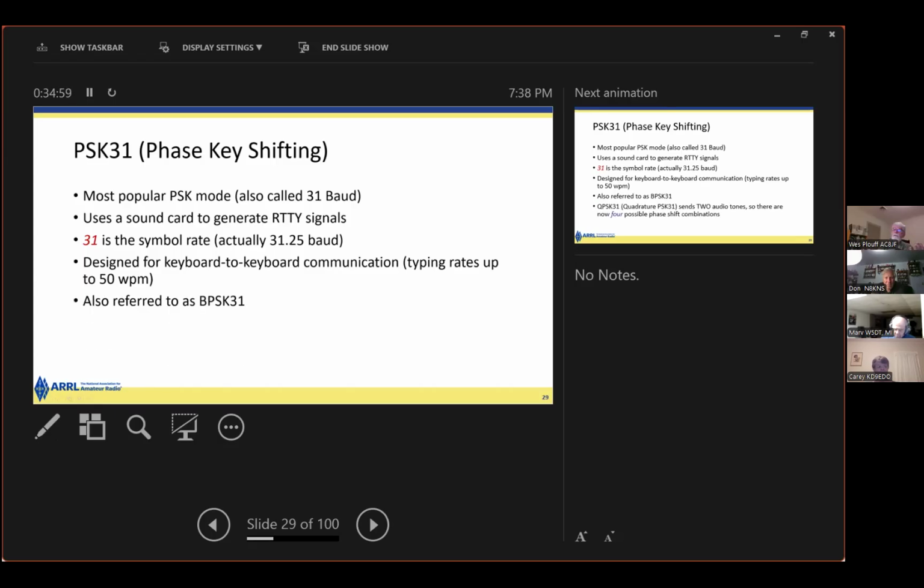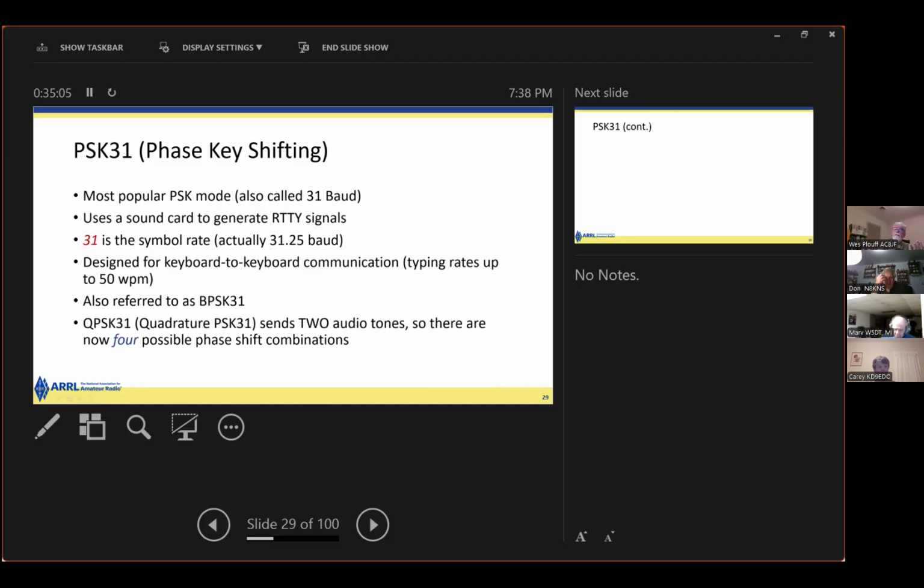It's also referred to as BPSK for binary phase shift keying, BPSK31. There's also something called QPSK31, or quadrature phase shift keying, that sends two audio tones.